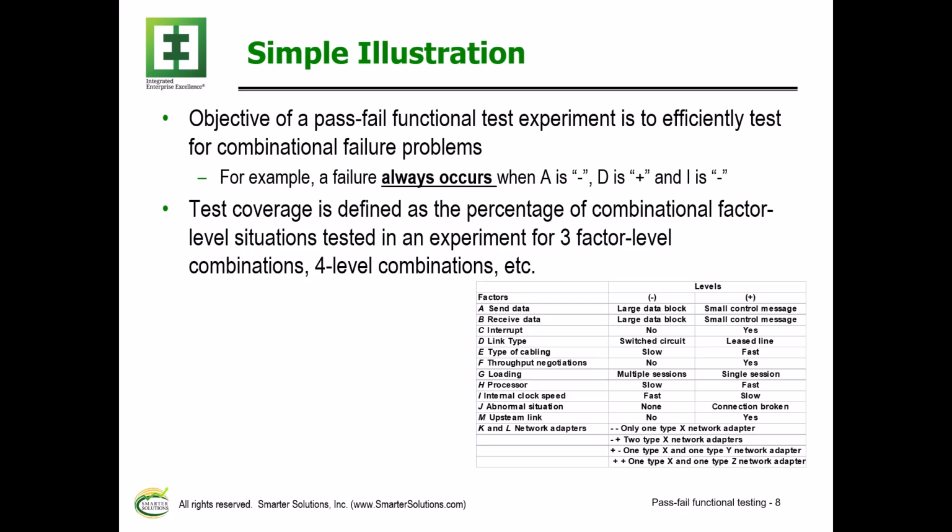For example, a failure always occurs when A is minus, D is plus, and I is minus. This coverage is defined as a percentage of the combinational factor situations tested in the experiment for 3-factor level combinations, 4-level combinations, and so on.